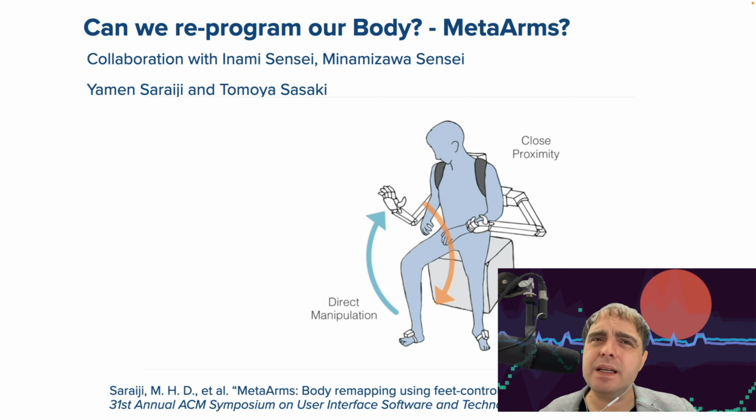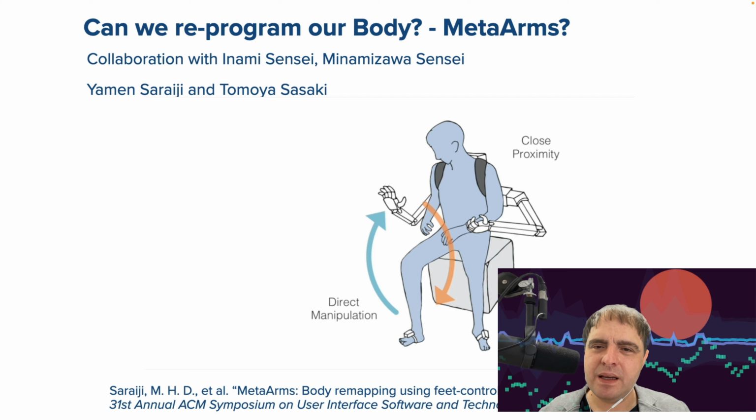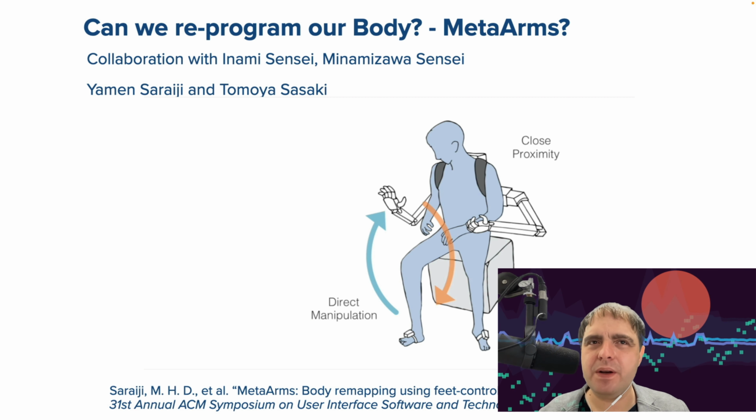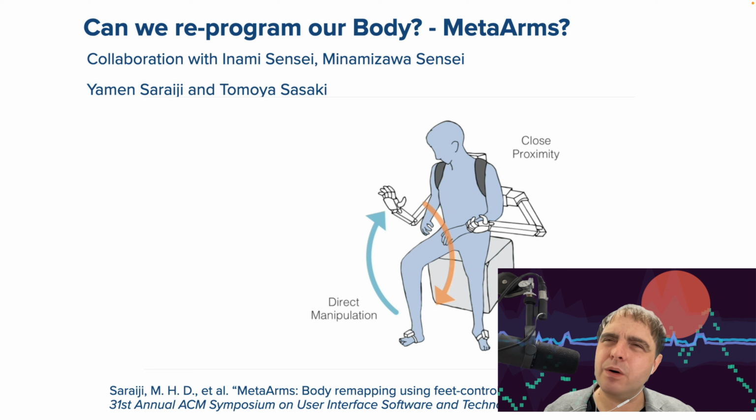And then suddenly, after 10 minutes or so, I moved my legs, and it didn't feel like I'm moving my leg. It felt to me like I'm moving a third or a fourth hand. And that feeling was fascinating to me, because it meant I could have a third or fourth hand.